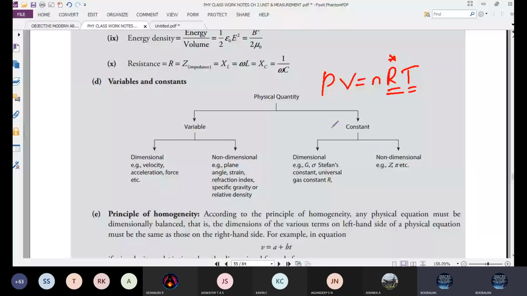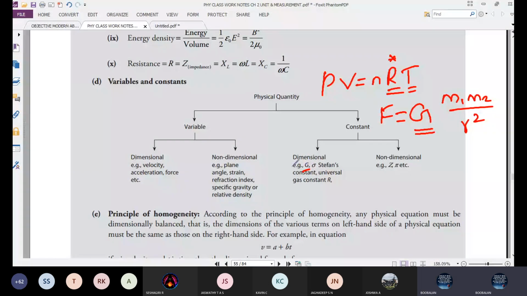You know very well capital G, the universal gravitational constant. In class 9th, F equals capital G M1 M2 divided by R square or D square. The force is directly proportional to the product of masses and inversely proportional to the square of the distance. That direct proportionality constant is only G. For this G, a dimension formula is there.